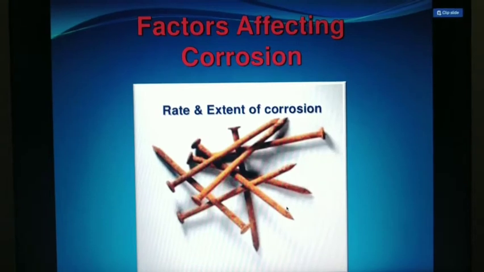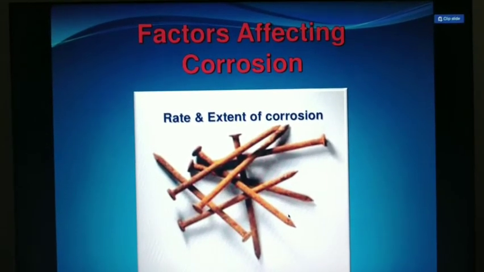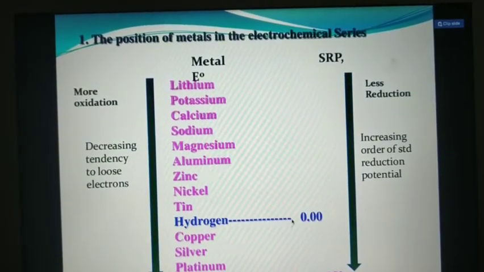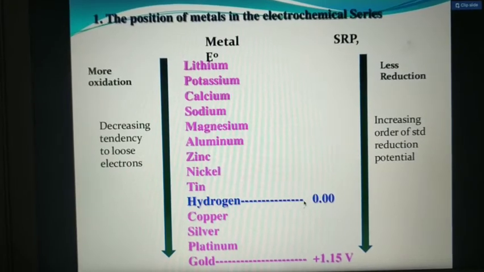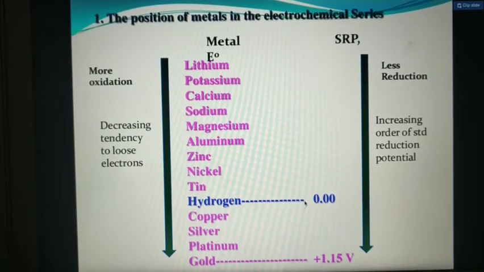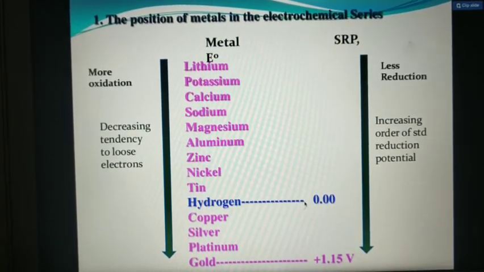So the first factor is the electropositive nature of metals. You can see the electrochemical series. This is the series, and we arrange these metals in decreasing tendency to lose electrons.